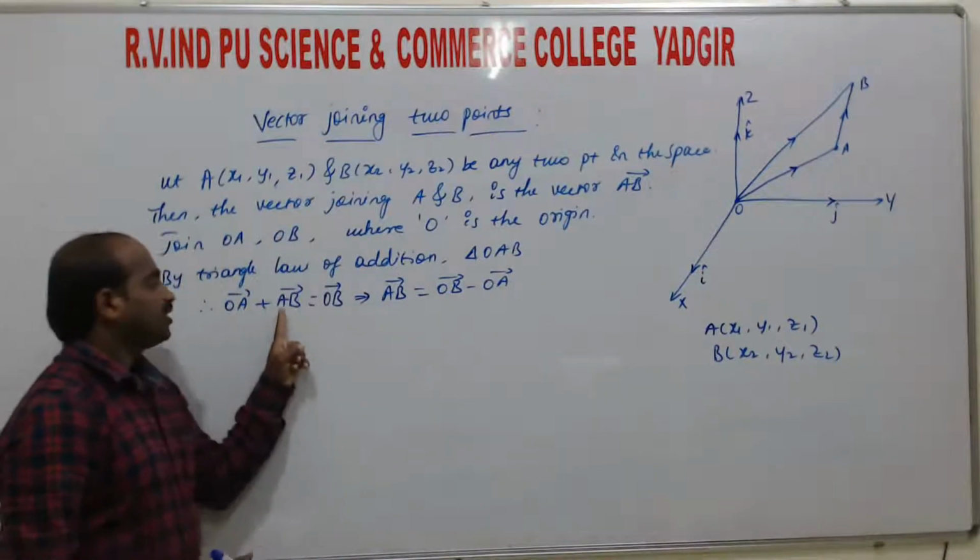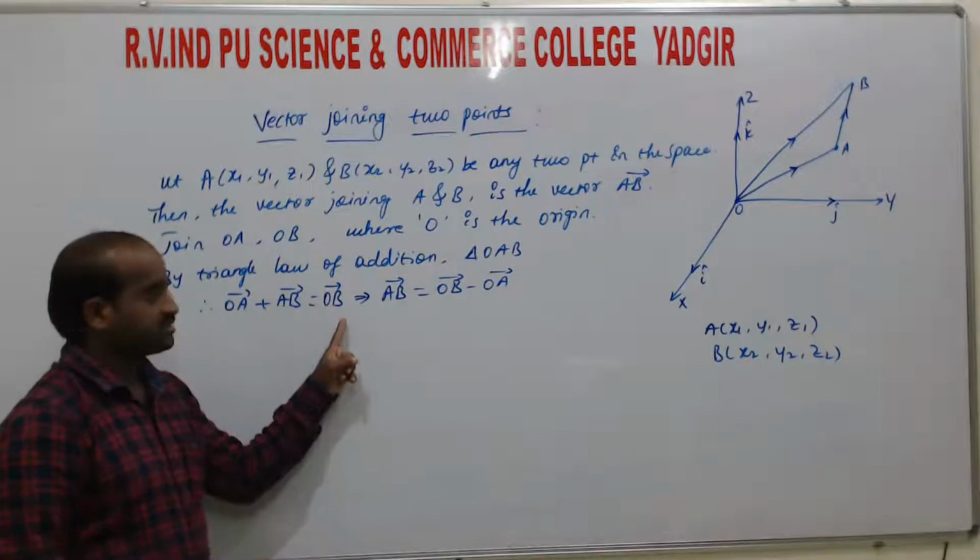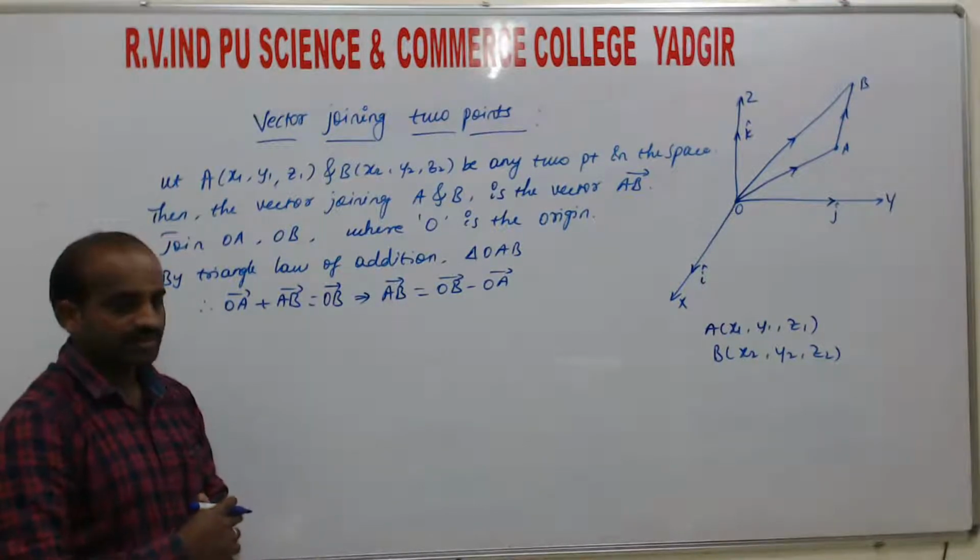AB as it is, OA goes to the other side: OB minus OA.